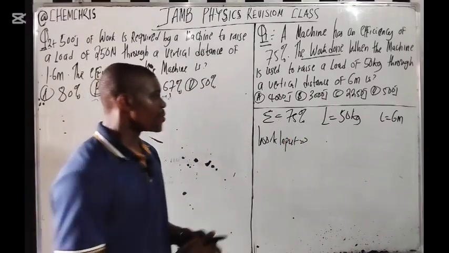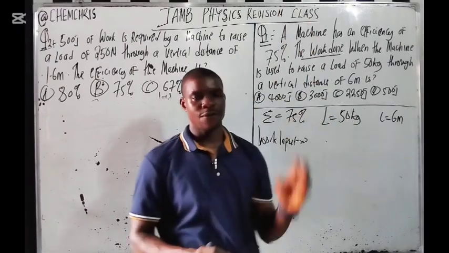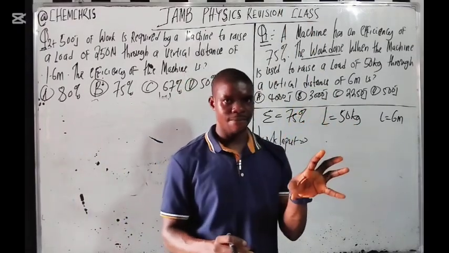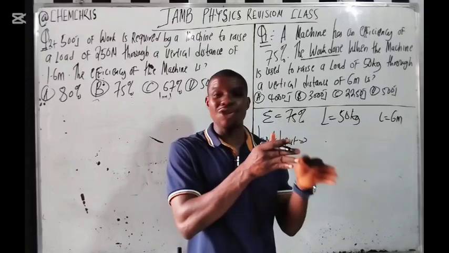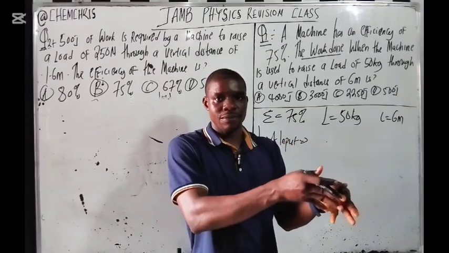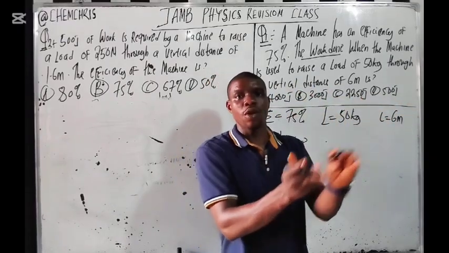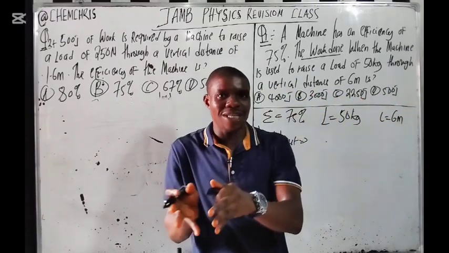Now the first thing you want to do here is to convert this to Newton. When the mass is given to you, you cannot use the mass like that, because the load is like the force output, and force input is the effort. Force output is the load you overcome; force input is the effort you put in.